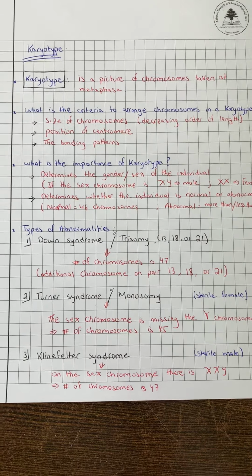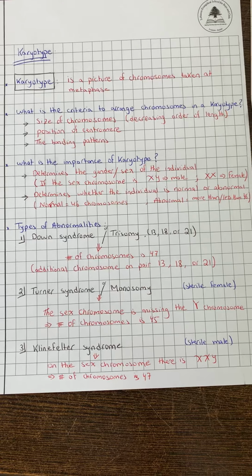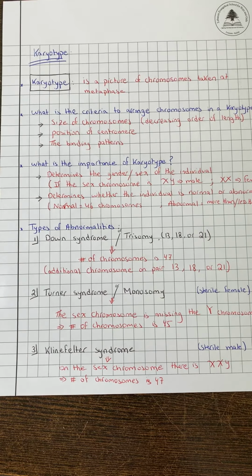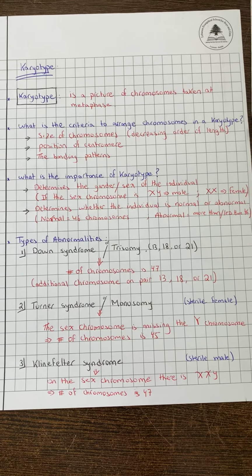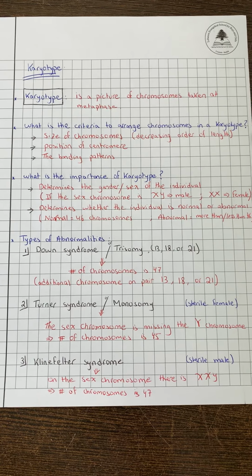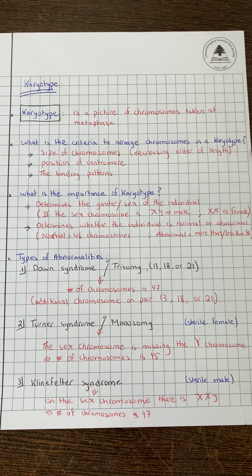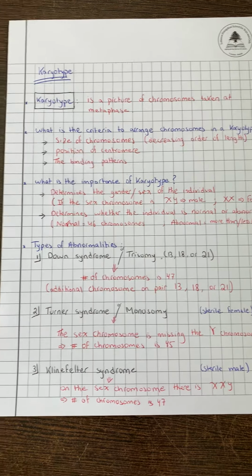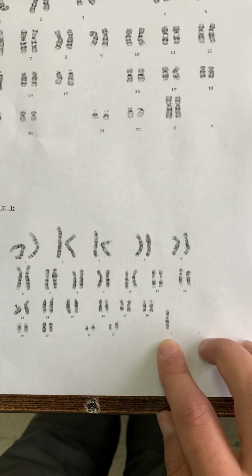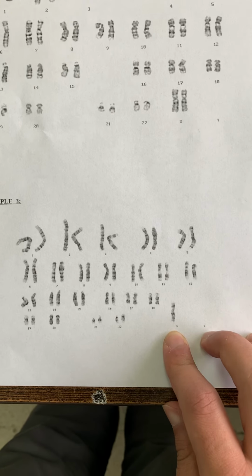The second abnormality is Turner syndrome. Turner, also known as monosomy. That means the sex chromosomes are missing the Y chromosome, as in this example. So, if you look at the sex chromosome, you are missing the Y in this example.